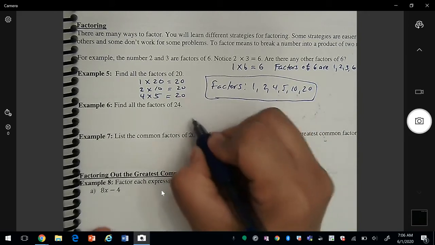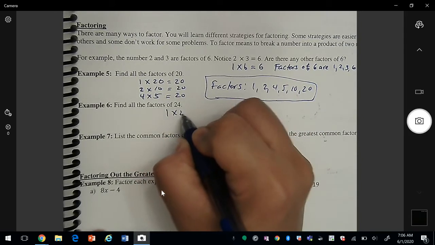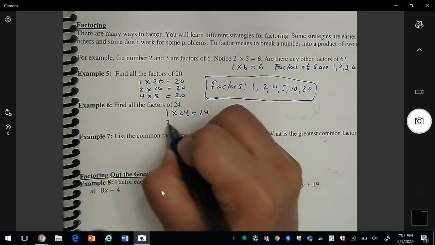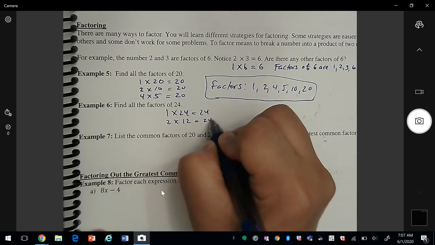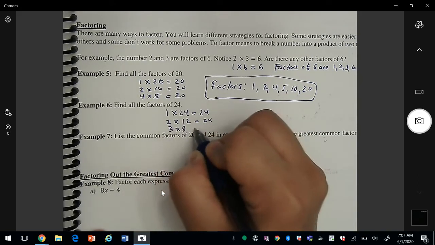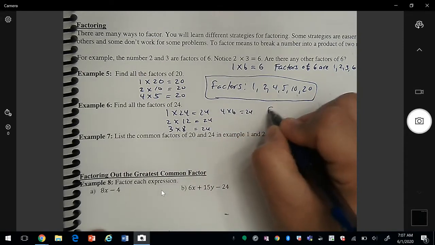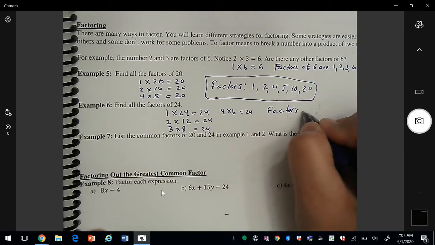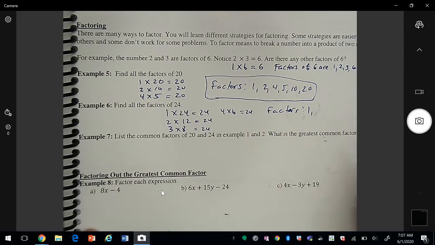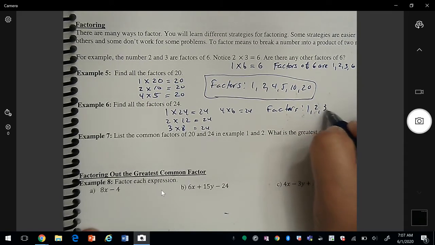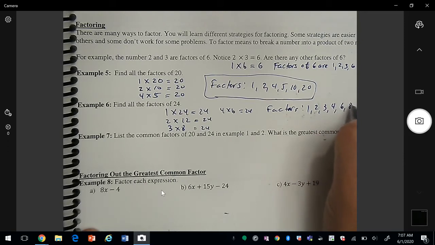Factors of 24: we get 1 times 24, 2 times 12, 3 times 8, 4 times 6. And so we say the factors are 1, 2, 3, 4, 6, 8, 12, and 24.